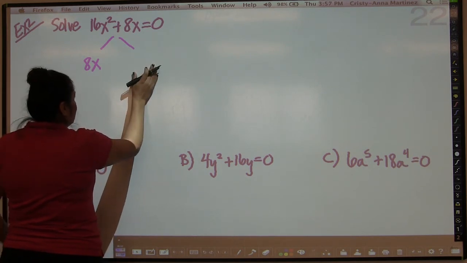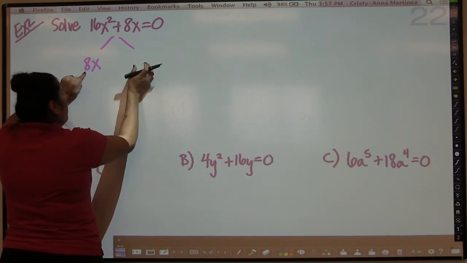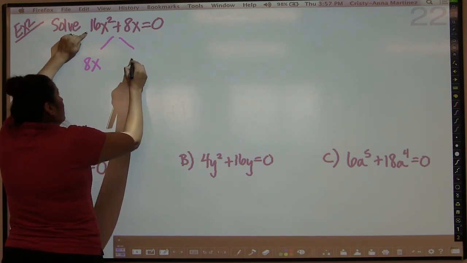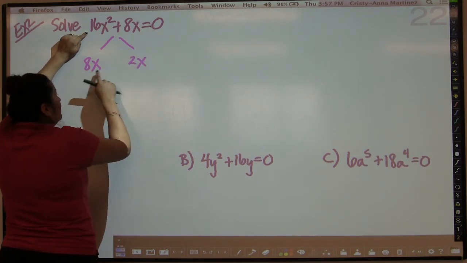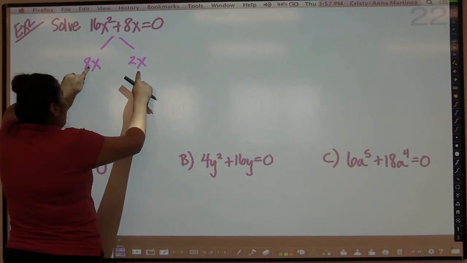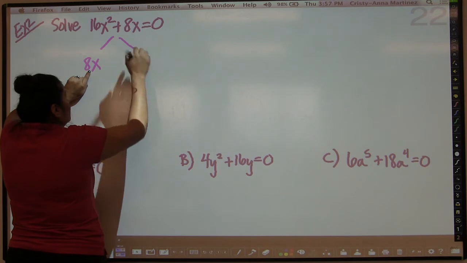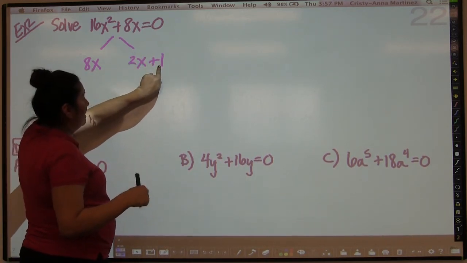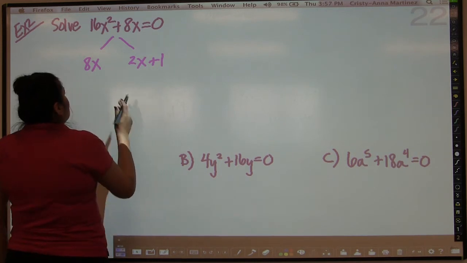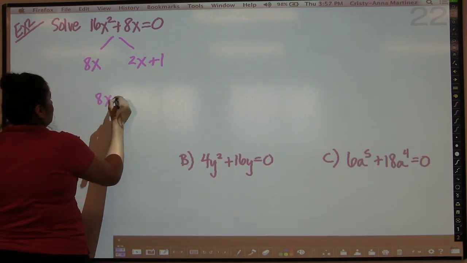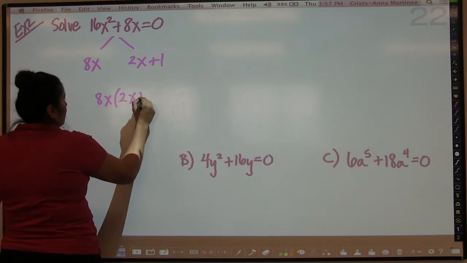We have to ask ourselves, 8x times what will give us 16x squared? And that would be a 2x, because 8x times 2x is 16x squared. Then you would say 8x times what is 8x? And you would put a 1, because 8x times 1 is itself 8x. So now you have the 2 branches, and basically your answer would be 8x times (2x plus 1).